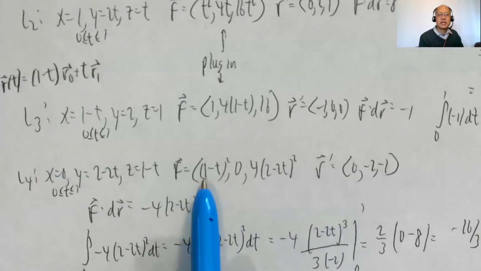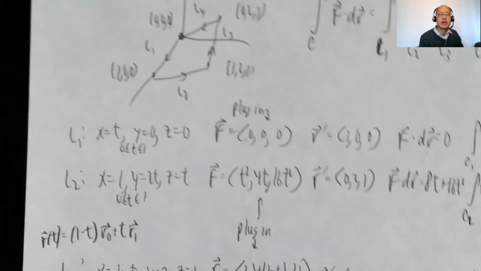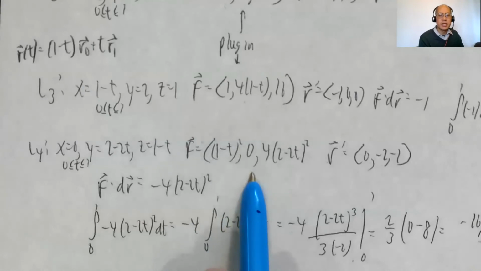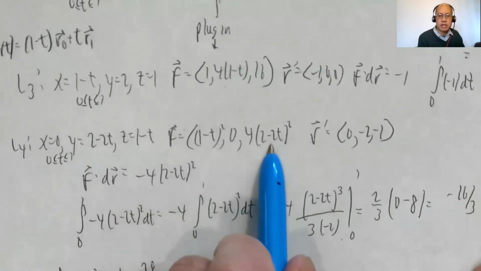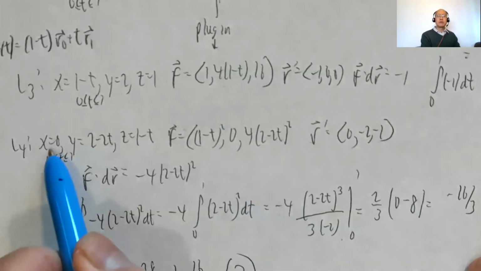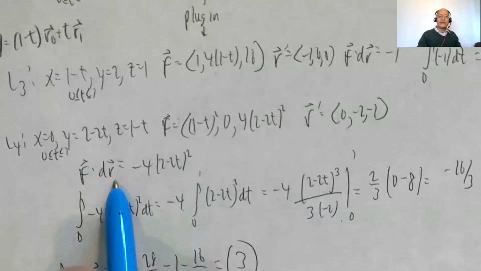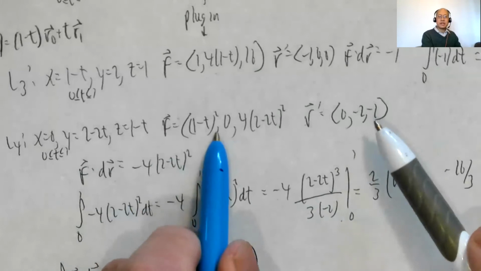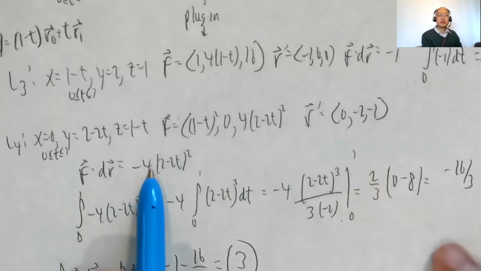So F is z squared, 2xy, so x is 0, and then 4y squared, 4 times 2 minus 2t squared. And what's r prime? Nothing, negative 2 and negative 1. So F dot dr, that times nothing, that times nothing, that times negative 1. So negative 4 times 2 minus 2t squared.